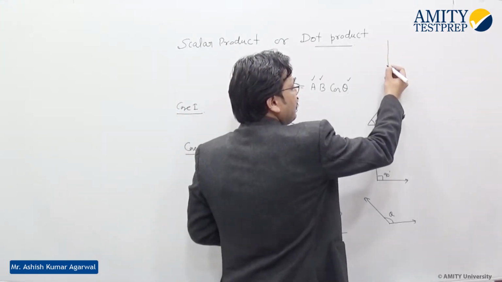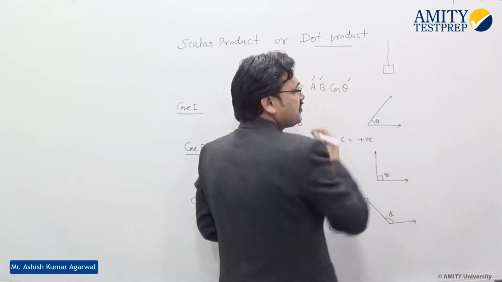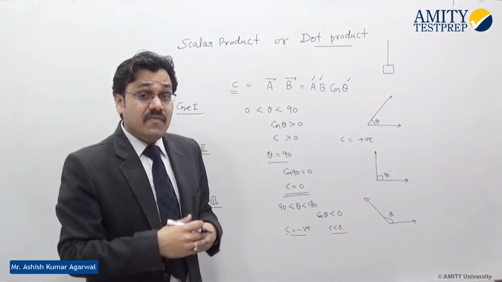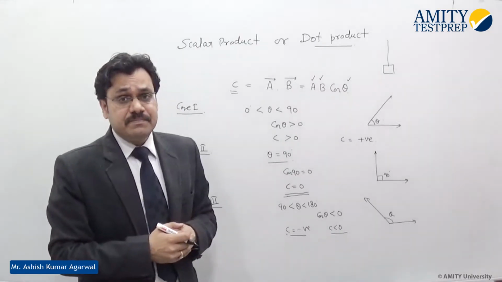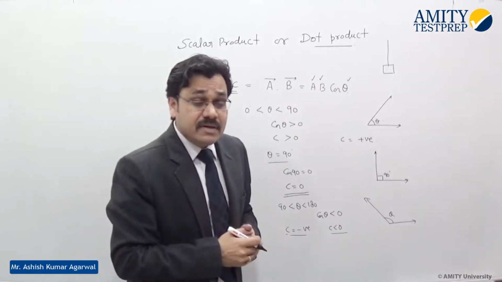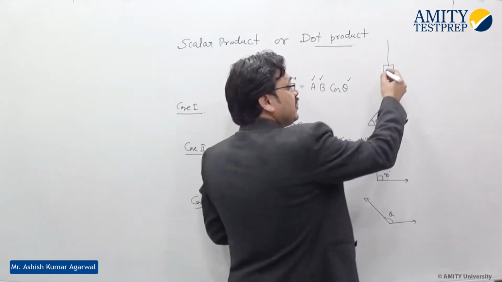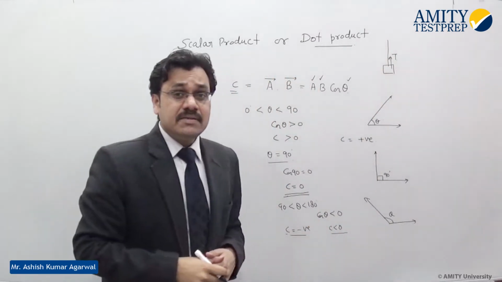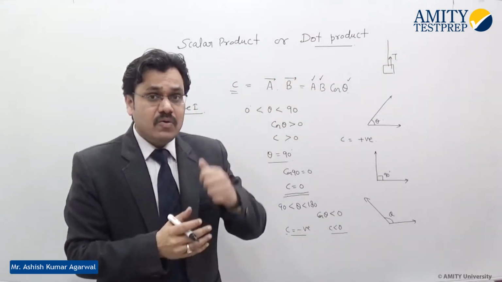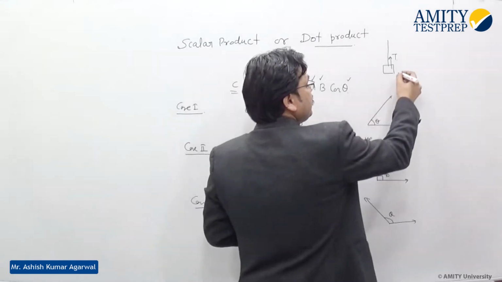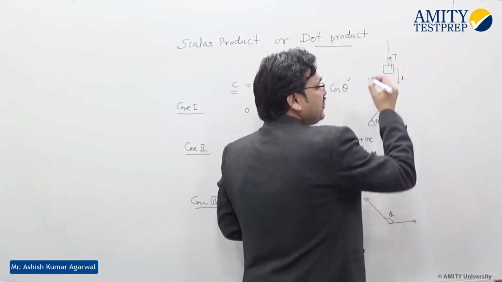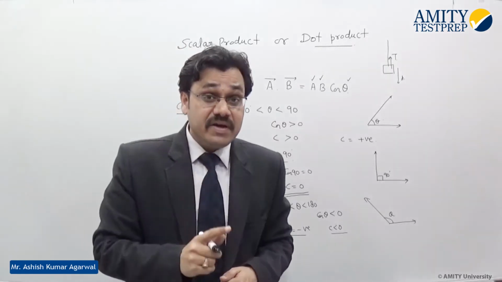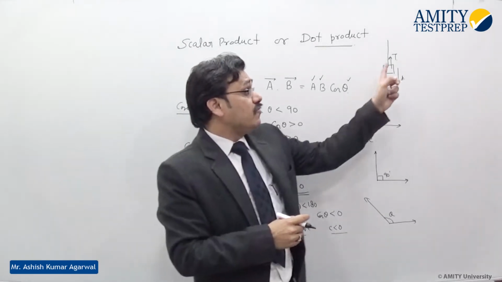I'm taking a very simple case. Suppose there is a thread, and a mass is hanging by this thread. Consider the work done by the tension applied on the block in the upward direction, and suppose this block is lowered down by the thread, moving downward by distance d. Now take very careful note of the angle.